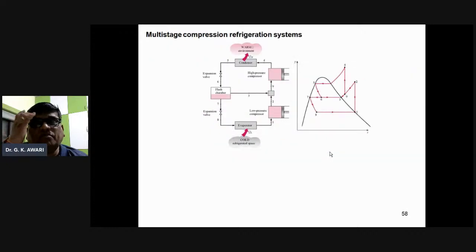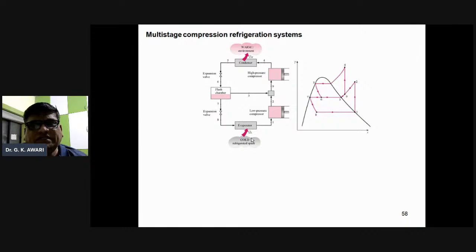Then the multi-stage compression refrigeration system, wherein you can see that in two stages the compression process goes on. Stage one is the low pressure compressor from 1 to 2, where the vapor refrigerant is compressed, and then the high pressure refrigerant goes to the second stage in the high pressure compressor, and then through the expansion valve, flash chamber, and to the evaporator, which is connected with the cold refrigerated space. So this is the multi-stage compression system.